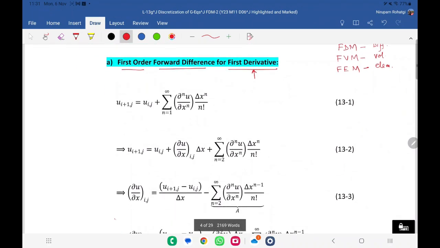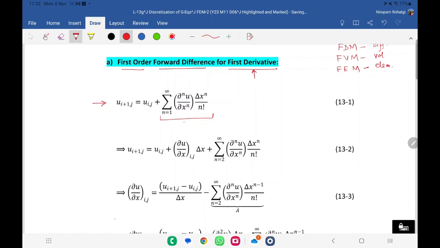So this is our Taylor series, and it is written briefly. What you are doing is writing u at i plus 1 in terms of ui. Now all those terms which you saw above have been put together here, all the derivatives in a summation sign.